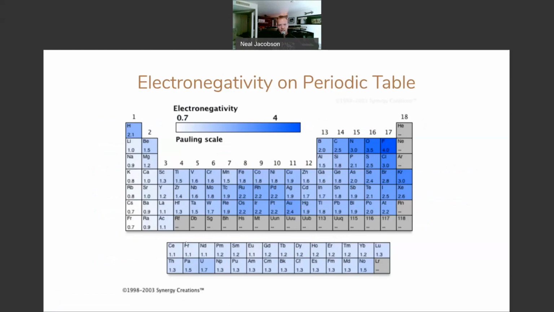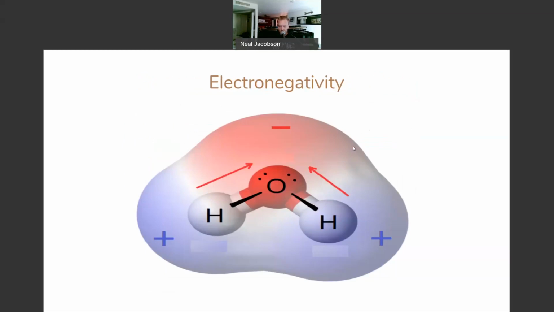And we can see that as you go from left to right on the periodic table, and as you go from bottom to top, you increase in terms of your aggressiveness for electrons. And so things that are bonded to oxygen, nitrogen, fluorine, chlorine, right? Those things that are bonded to these elements are going to lose their electrons to these elements, meaning that they are going to form polar covalent bonds with those elements. Okay, and we'll see plenty of examples of that.